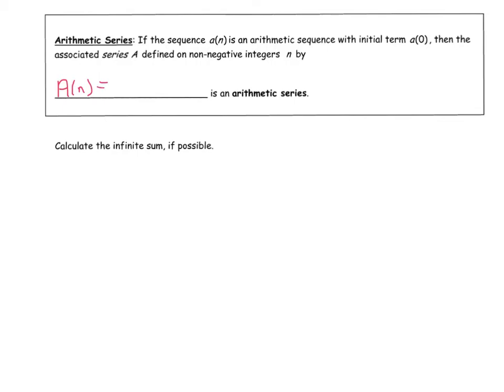And it's equal to, so I'm going to use sigma notation, the sum of all the terms in your sequence, so that's lowercase a, as k goes from 1 to n.